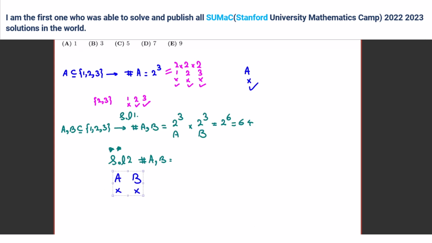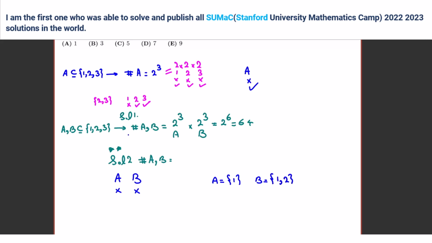Look, for example, here we said for 1 we have check or cross, for 2 check or cross, for 3 check or cross. Now here we want to select two subsets, right? Can you tell me one example? A is what, B is what? Let's say A is {1}, and B is {1, 2}.